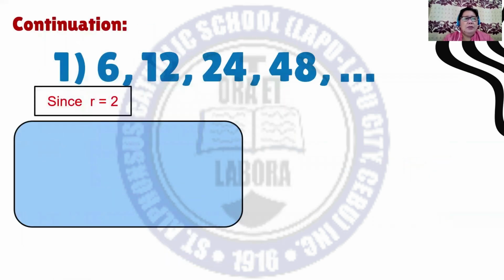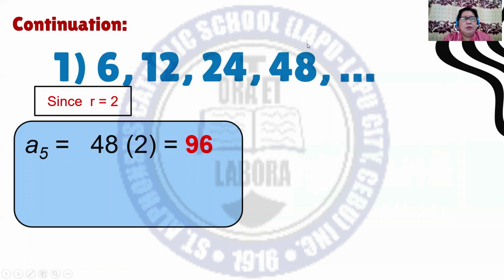Let's continue. Since the ratio is equal to 2, then we can find the next 3 terms. So to have the 5th term of the sequence, all we have to do is to multiply the current term, which is 48, by the common ratio 2, which is equal to 96.